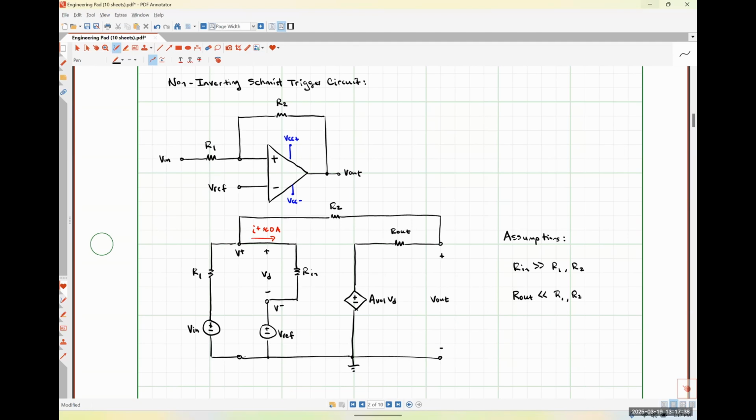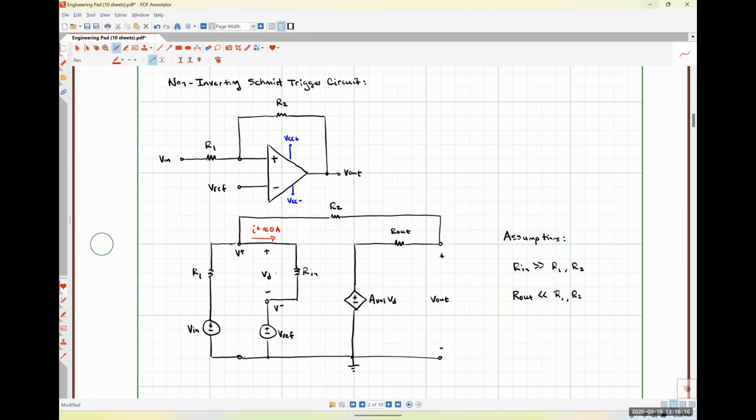So we are biasing this thing, quote unquote, correctly. All right, so if that current I plus is 0 amps, then what is VD going to be?